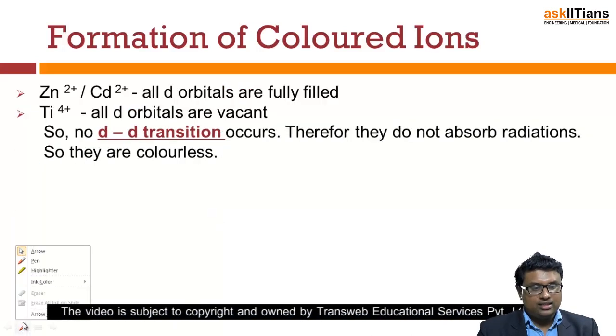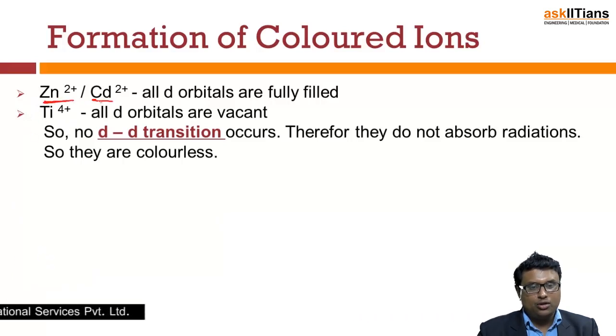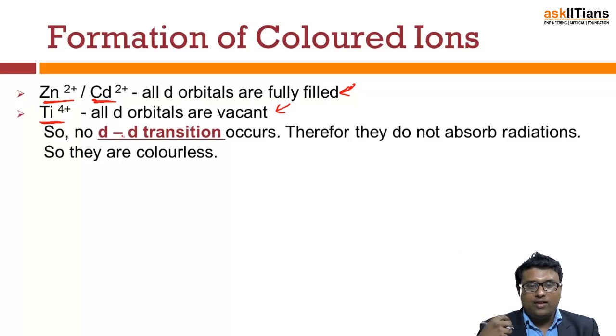Here it is evident that in zinc 2 plus and cadmium 2 plus, all the d orbitals are fully filled, and in Ti 4 plus, all the d orbitals are vacant. So once you have either fully filled orbitals or vacant orbitals, there is no d-d transition occurring.